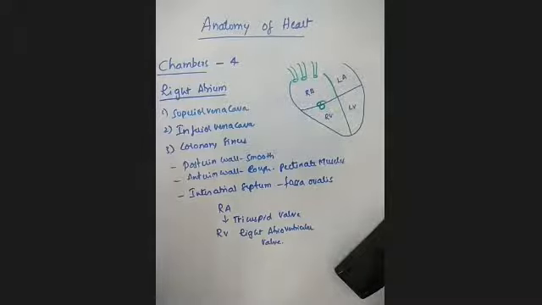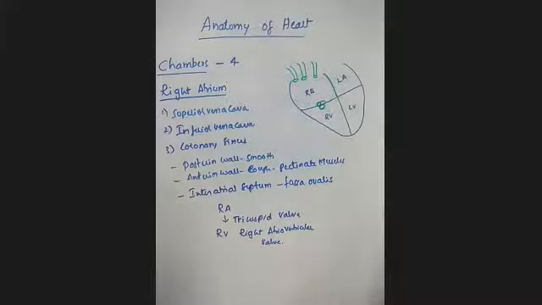See, this right atrium receives the blood from the superior vena cava, inferior vena cava, and the coronary sinus. The posterior wall is very smooth and the anterior wall is very rough because of the presence of the pectinate muscles.